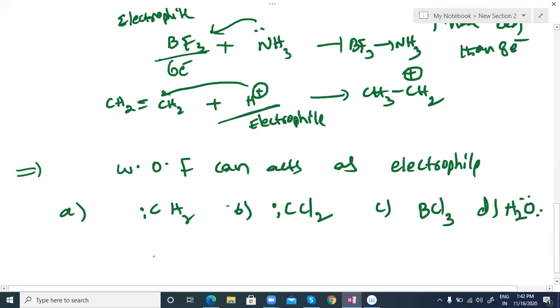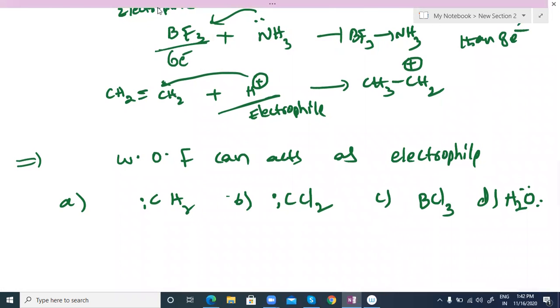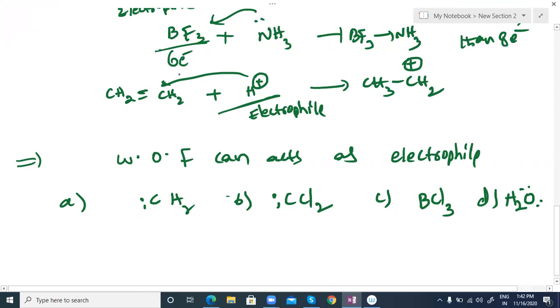So you can count the number of electrons, then you can decide whether it is an electrophile or not. Which one has less than 8 electrons means electron deficient species. Those are electrophiles. Here there are 2 dots and 2 bonds, and each bond is 2 electrons, so 4 electrons, total 6 electrons.